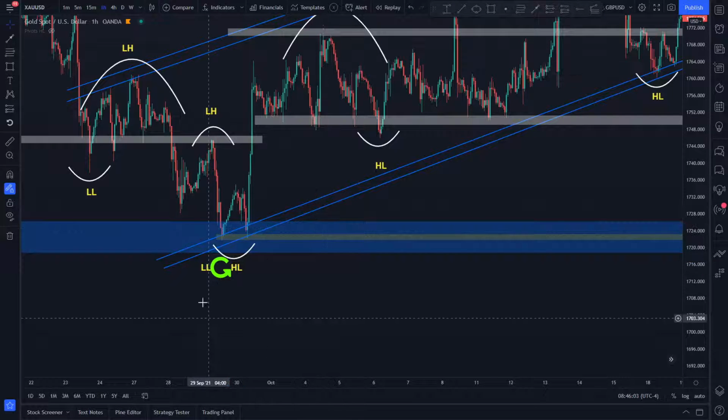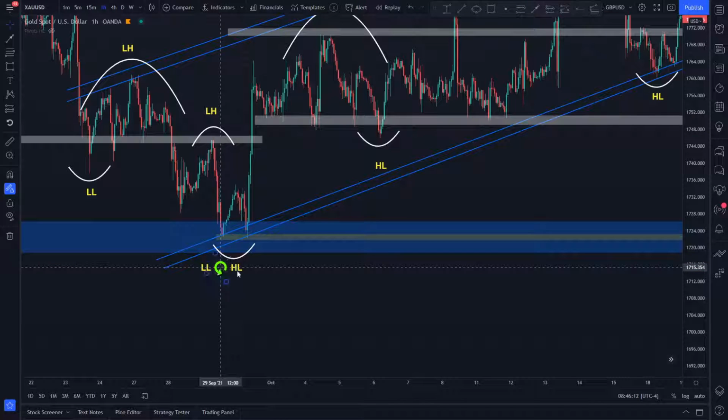But yeah, see this lower low? Let's condense that. This lower low now switches into a high low, because now that we broke all the structures and everything, we know we can draw fibs from the high low to the recent higher high.